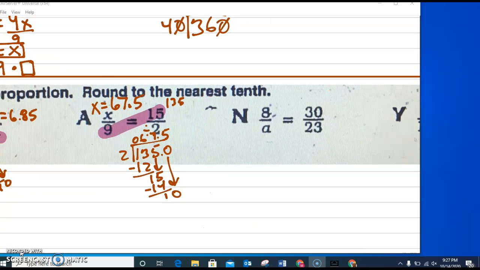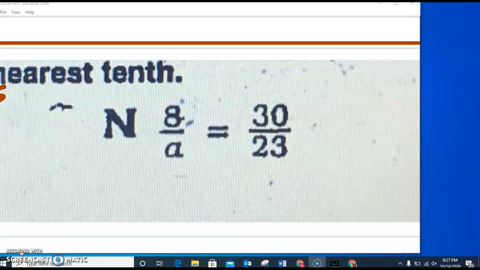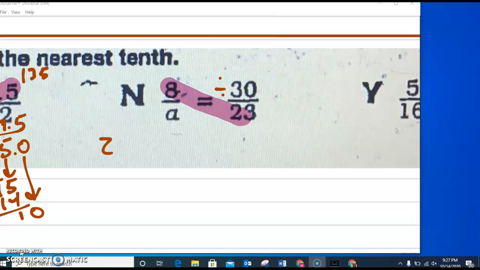Alright, here we go. Letter N. Multiply what you can. 23 times 8. Divide by that extra number. 23 times 8. I'm running out of time on my screen here, sorry. 8 times 3 is 24. 16, 17, 18. 184.